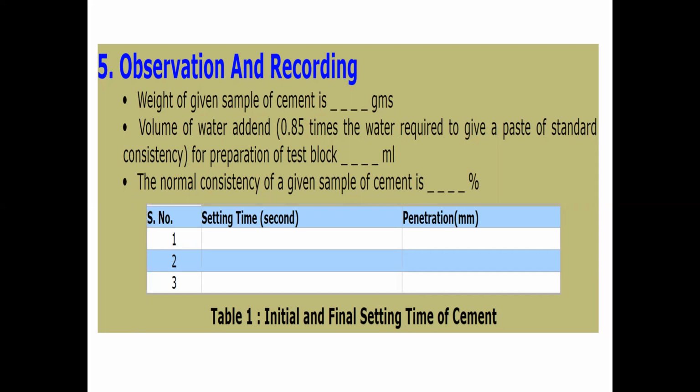The normal consistency of a given sample of cement must be written in percent as the result. As we can see in the table, we have numbers 1, 2, 3, and the second column for the setting time in terms of seconds and the penetration in measurement of millimeters. Table 1 represents the initial and final setting time of cement.